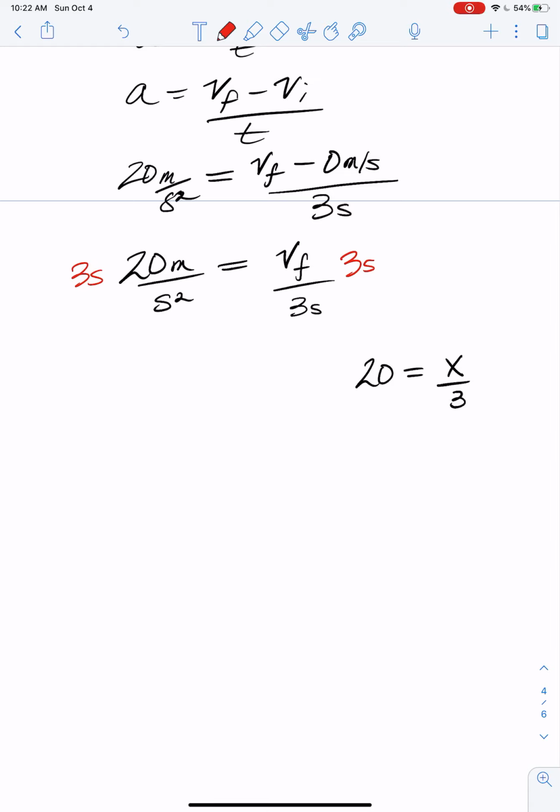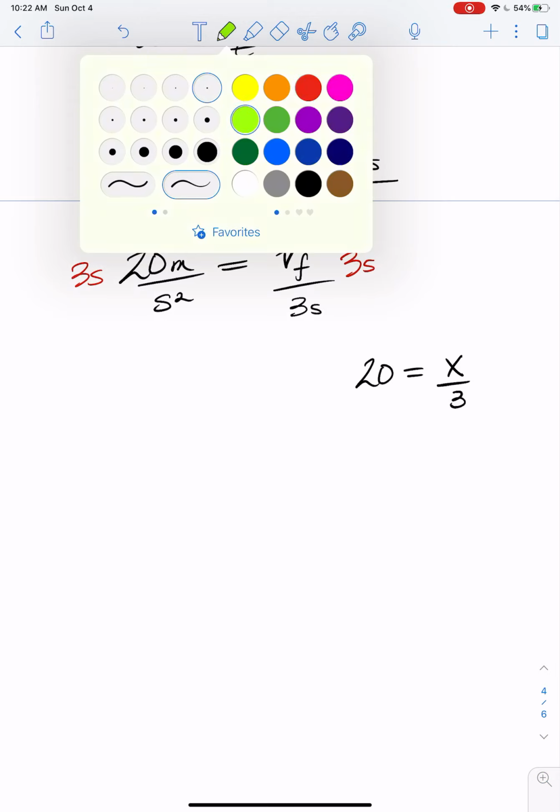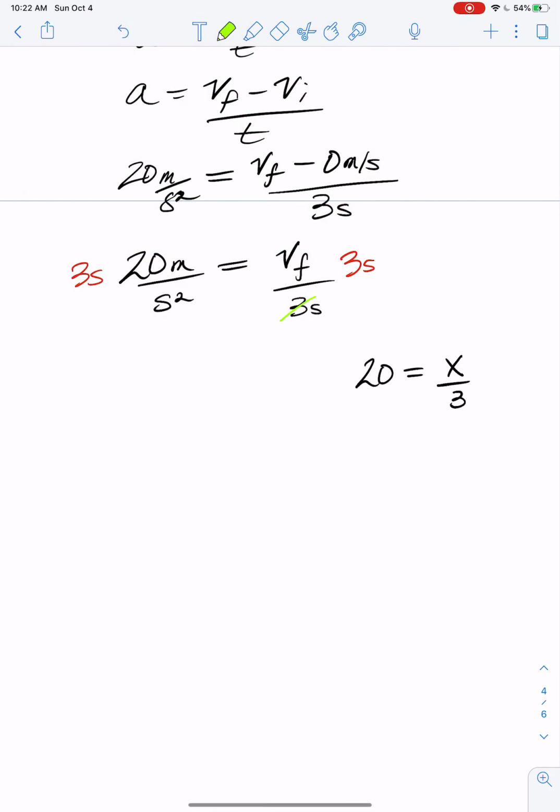So when I do that, I can cancel the 3 and I can cancel the seconds. And just like here, I can cancel one of the seconds. So long story short, you end up getting 3 times 20 times meters divided by seconds is equal to VF.